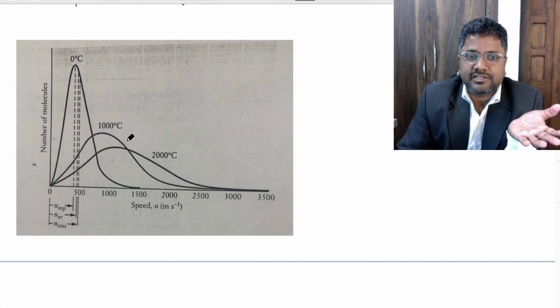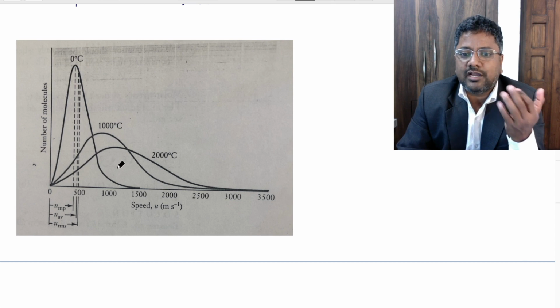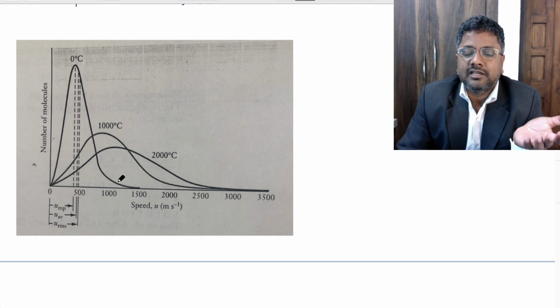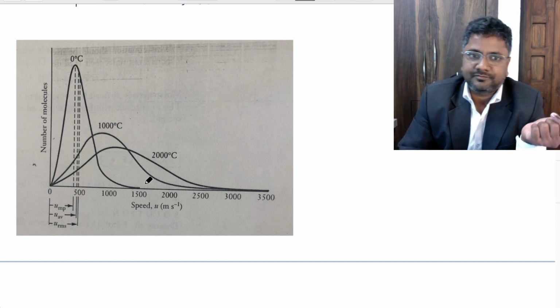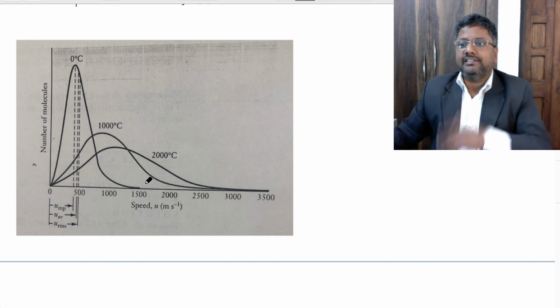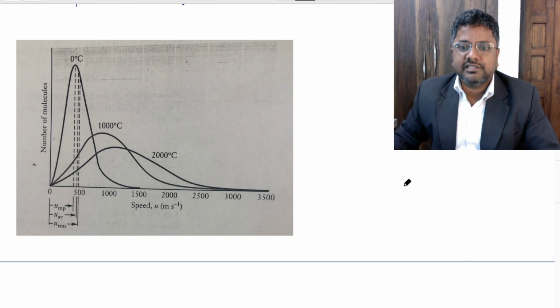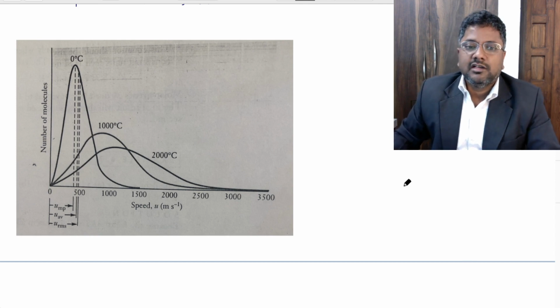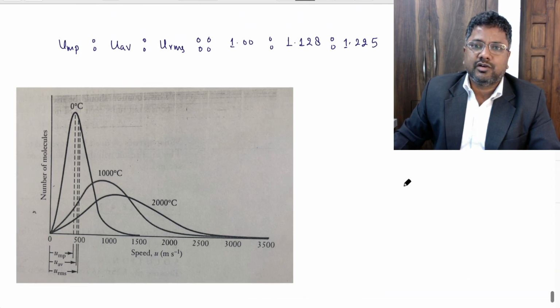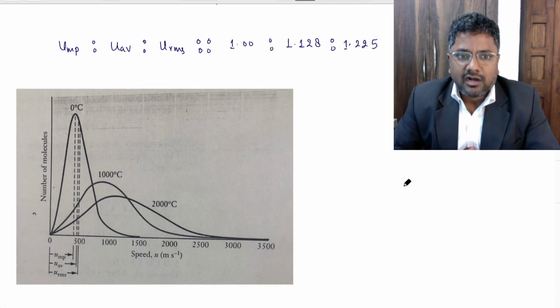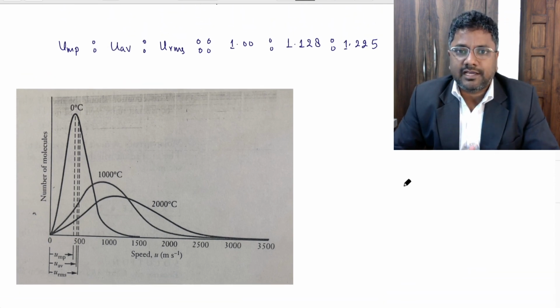The peak will shift from here to here, and it becomes broadened, meaning more and more molecules now have more speed. More speed means more energy, right? So with rising temperature, speed increases, as well as energy also increases.